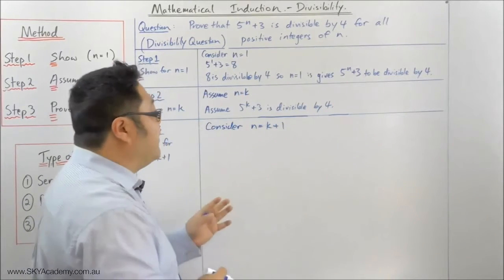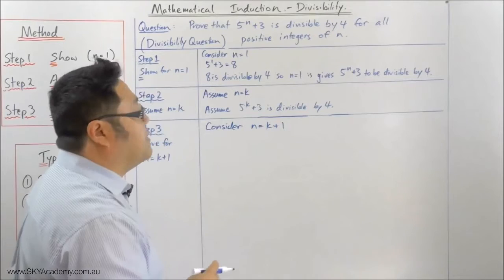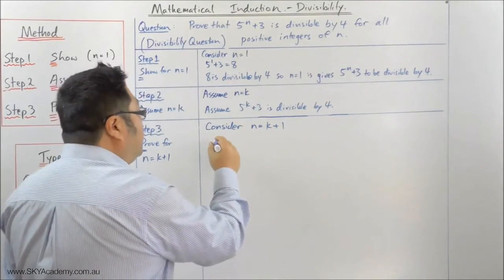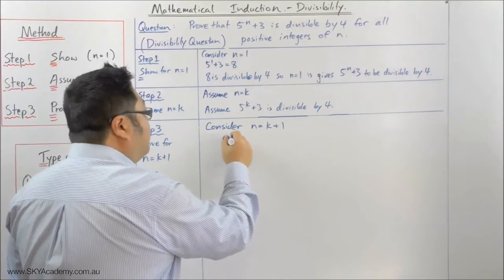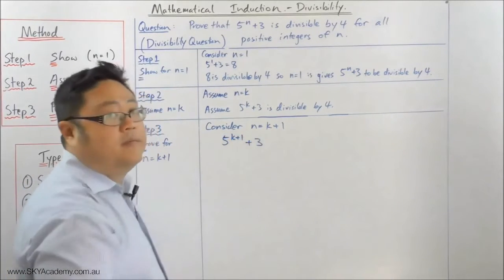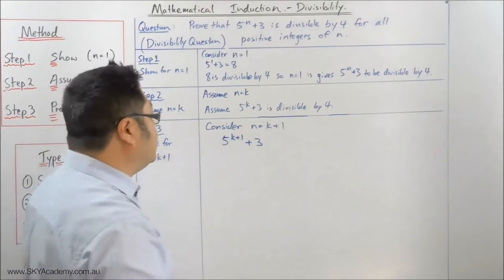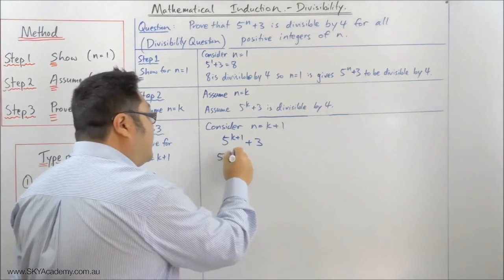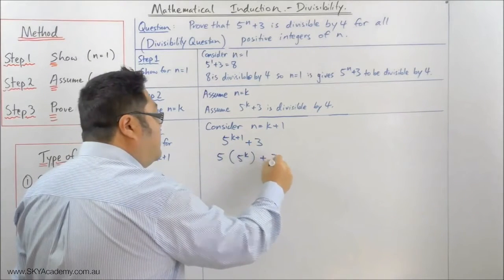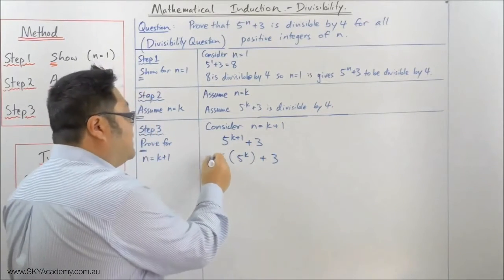Let's see how this plays out. What we have here is 5 to the power of k plus 1 plus 3. Got it? Let's work this out. You've got 5 outside of 5 to the power of k plus 3.